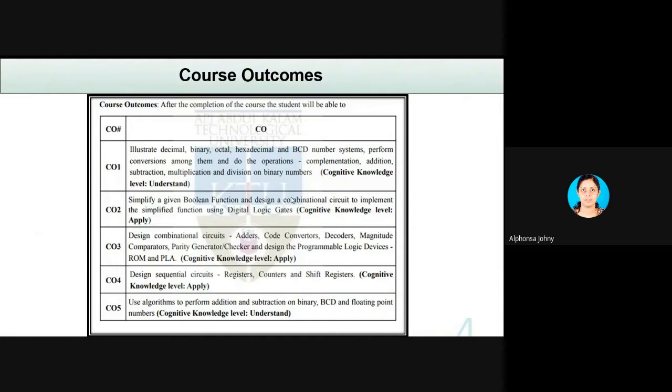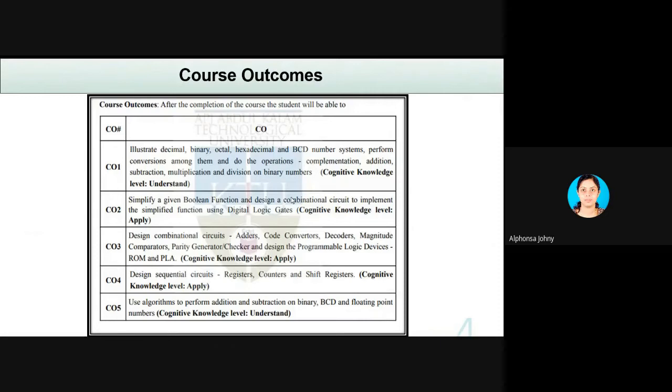As course outcome 2, it's about Boolean algebra, Boolean expressions, and how we can simplify a given Boolean expression. We will also study about how combinational circuits can be designed. K level is K3 or apply.